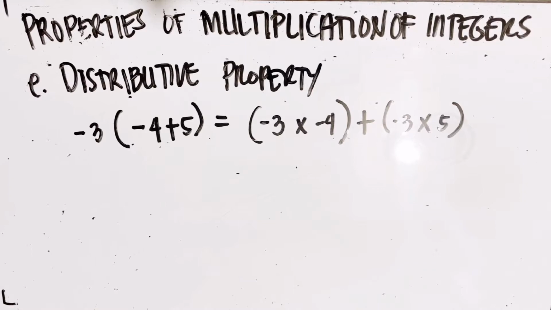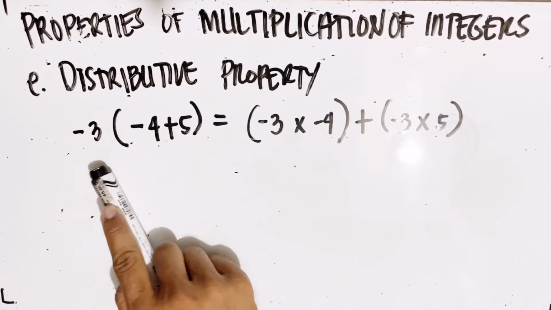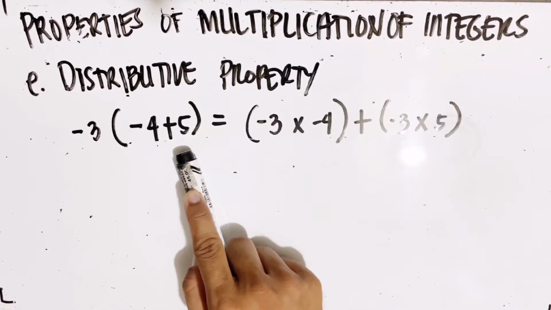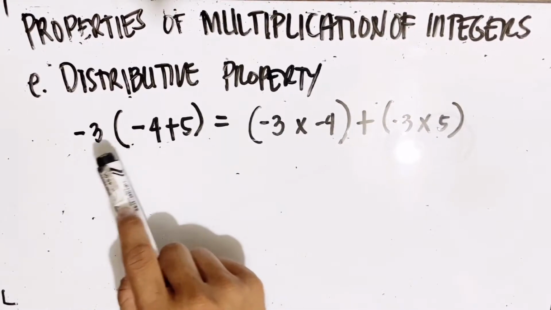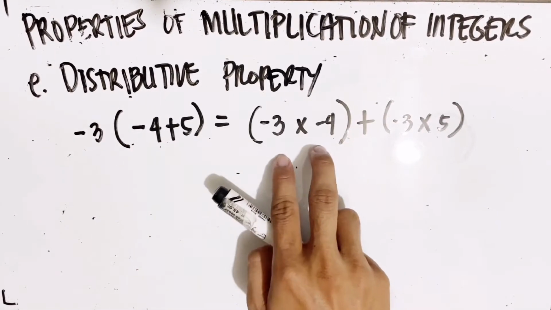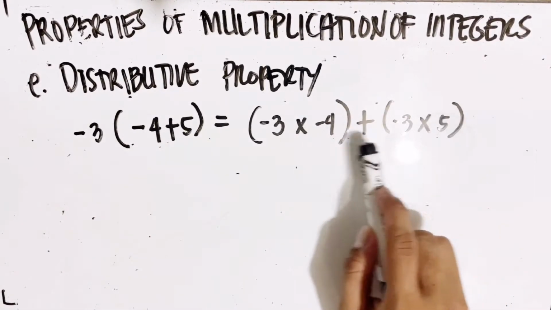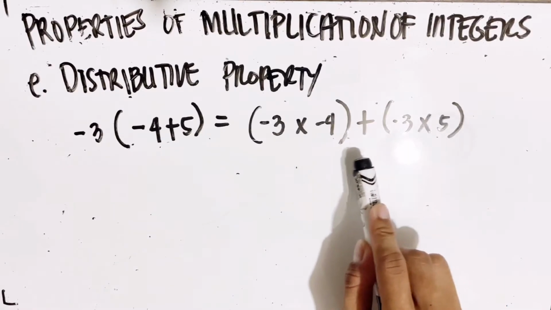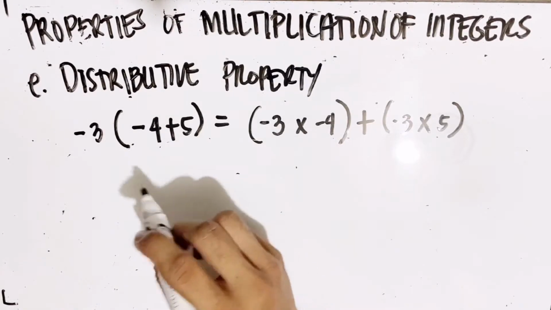Again, distributive property states that multiplying a number by the sum will result to multiplying the number to each addend, which is this one, negative 3 times negative 4, negative 3 times 5, and adding the two products will result with the same answer. So let's try to see now.